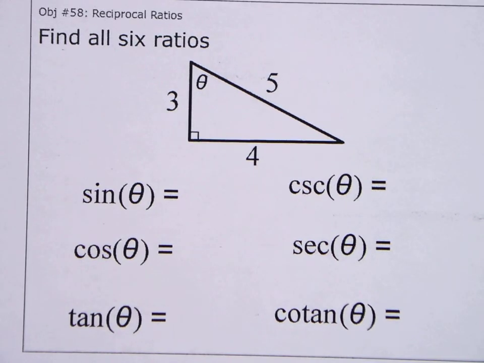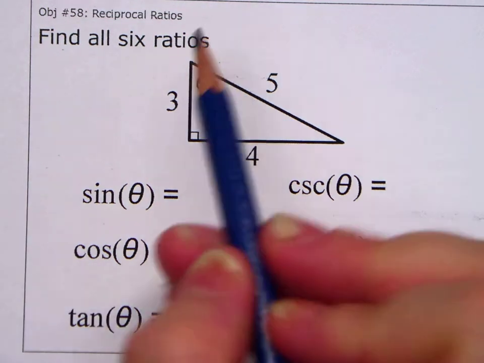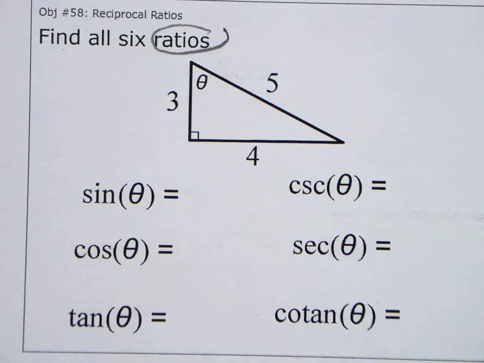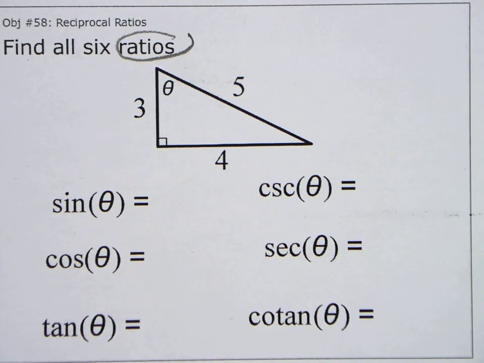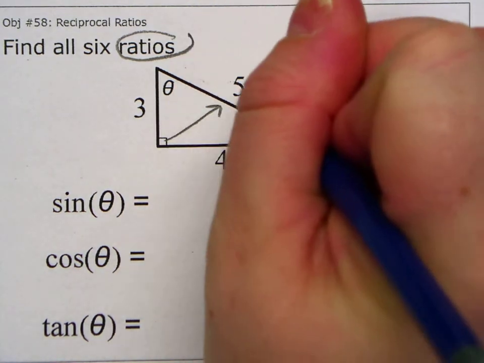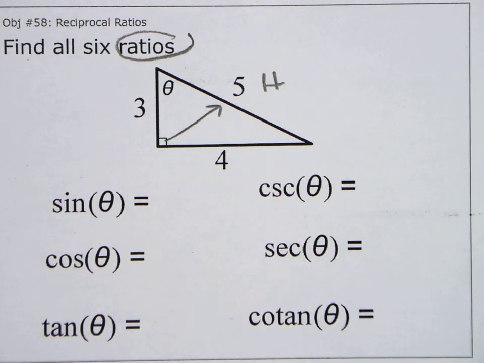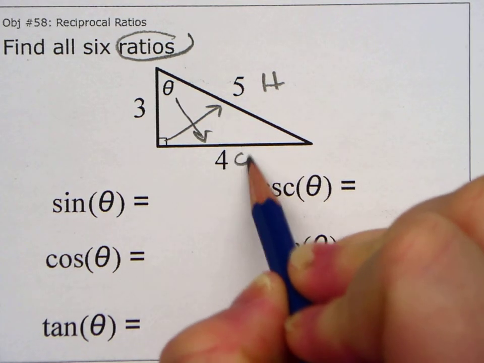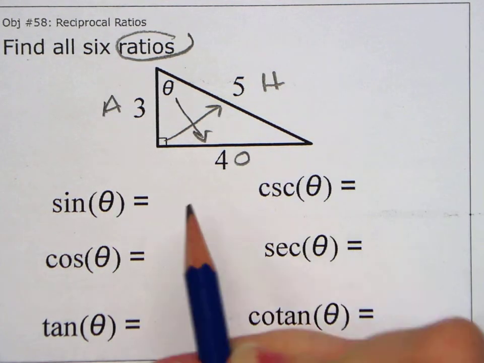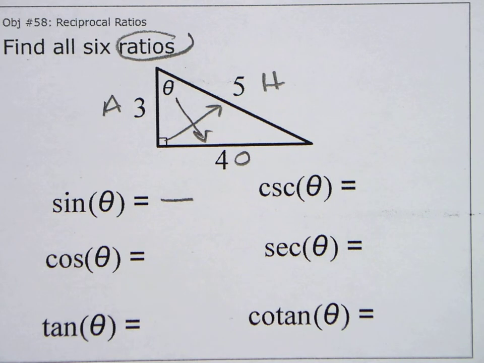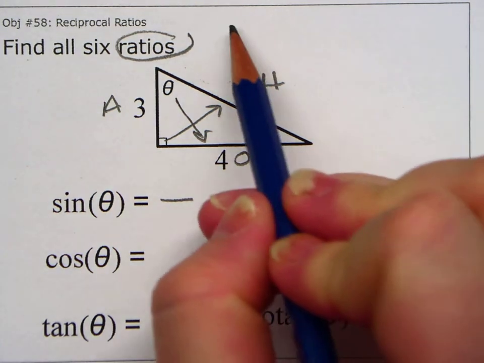All right, so back to day 1. We're writing the ratios. A ratio is just a fraction. So what do we always do first? Label our triangle. Hypotenuse. Which one's opposite? 4 is your opposite. Adjacent. So then what's sine? Opposite over hypotenuse.